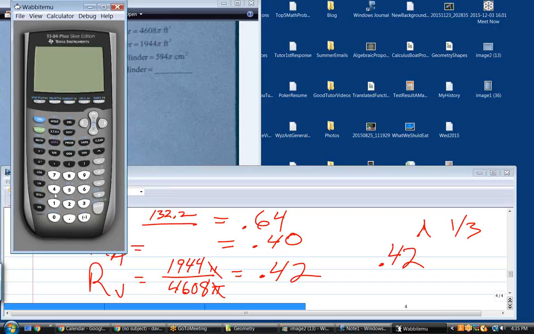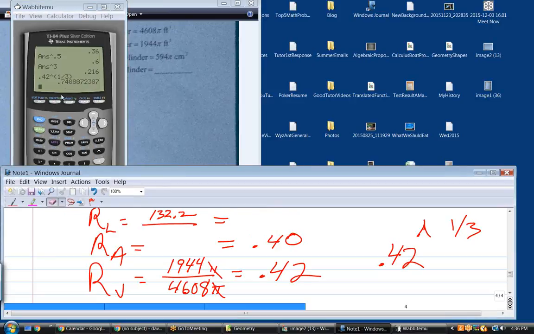So if I'm taking 0.42 and I'm taking the cube root of it, watch, I got to put parentheses in there. 1 divided by 3 end parent. You see how that line reads? That's the cube root of that number. It gave me 0.74, which is not what you gave me. You gave me 0.64. So you must have done that wrong.